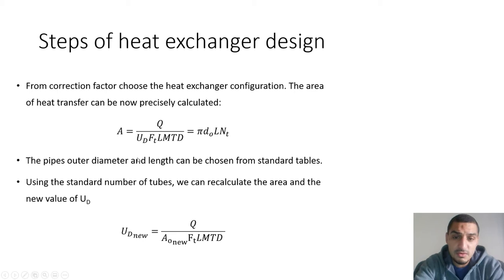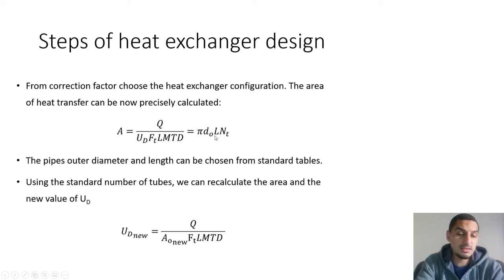So from the area, we know that it is the area of the tubes. So it's the area of one tube multiplied by the number of tubes. This is the number of tubes, and this is the area of one tube, which is the perimeter multiplied by the length, the outer area of the tube. In general, you'll find that there are some values that we will assume, like the diameter of the tube and the length of the tube.